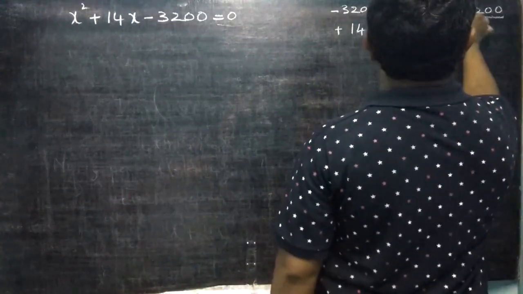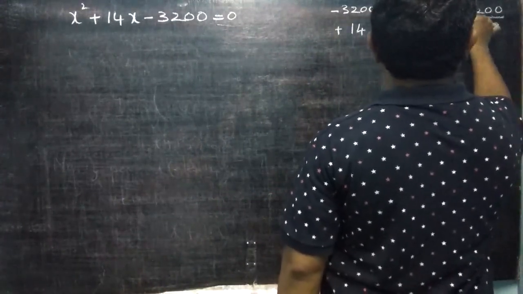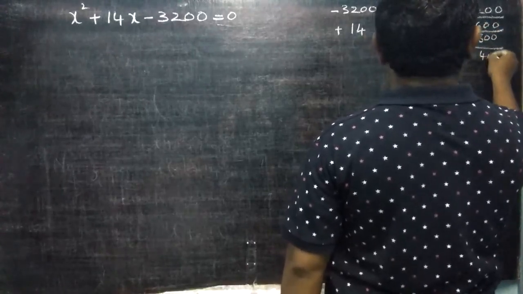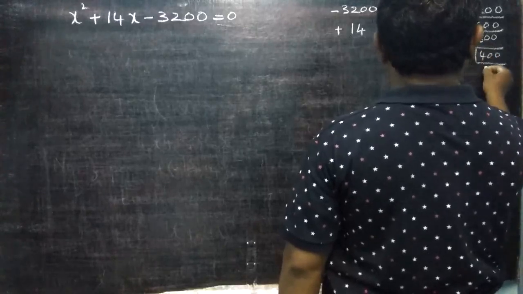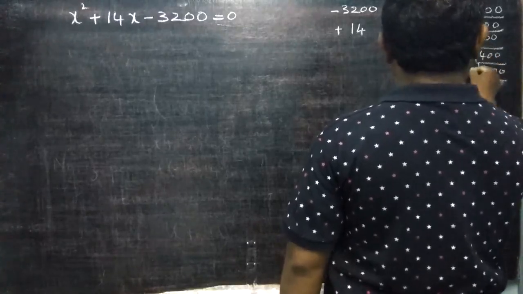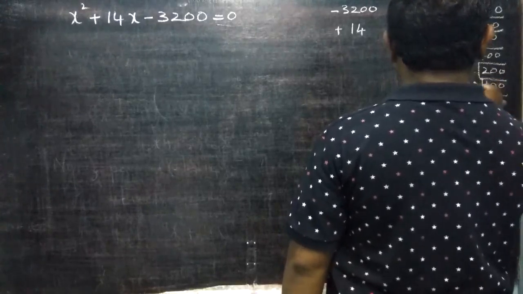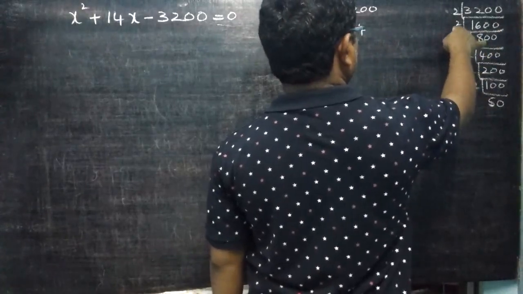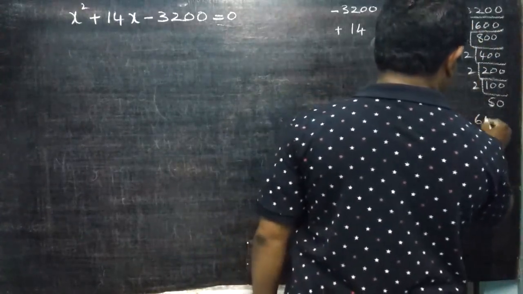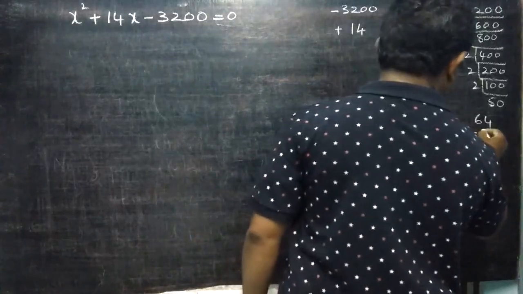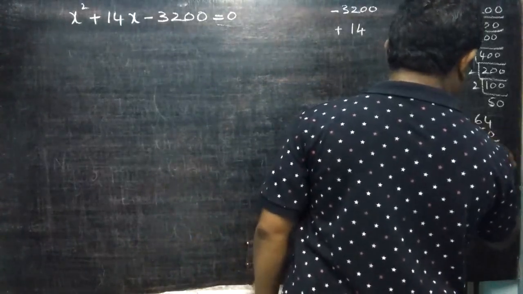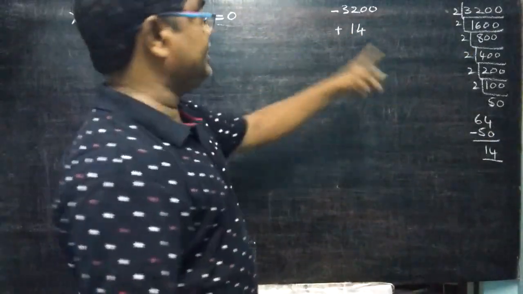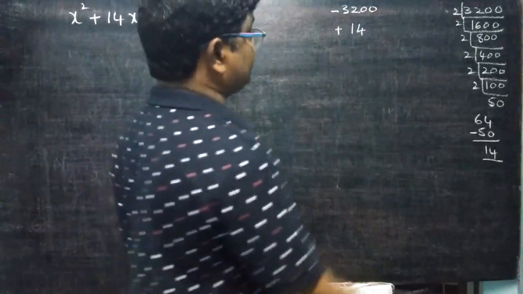So 2 table goes 1600 times, again 800 times, 400 times, 200 times, 100 times, 50 times. 2 twos are 4, 4 twos are 8, 8 twos are 16, 16 twos are 32, 32 twos are 64. 64 minus 50 is 14. While doing it, in mind you have to see this 14 should come.